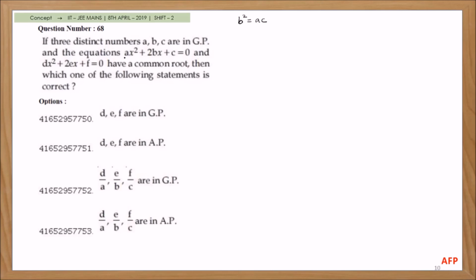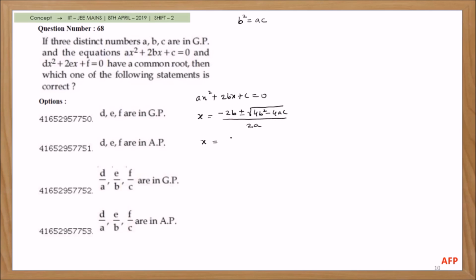So now here the first equation we will take ax square plus 2bx plus c is equal to 0. So these two equations have the same common root. Okay, x is equal to minus 2b plus or minus square root of 4b square minus 4ac divided by 2a.